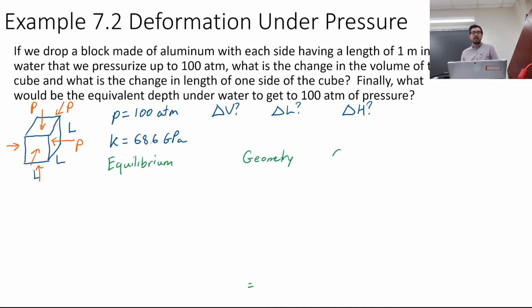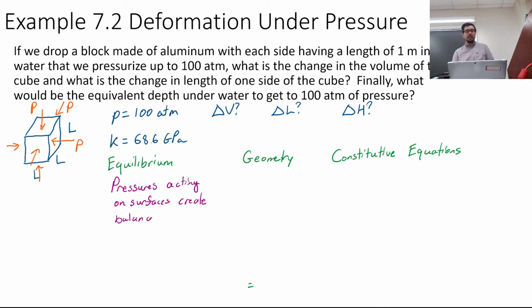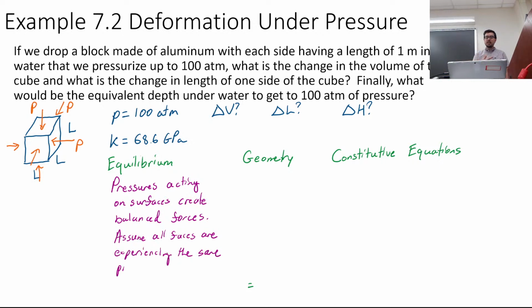Maybe we'll go ahead and use the CDO approach of breaking it down into equilibrium, geometry, and constitutive equations. You don't necessarily have to do that, but we have balanced forces, and this thing is going to be in equilibrium because the pressure is acting on all sides.